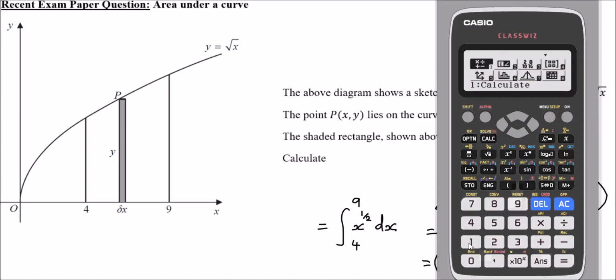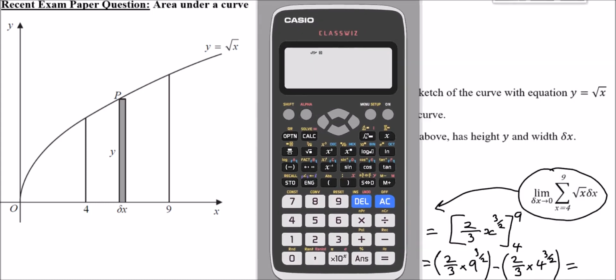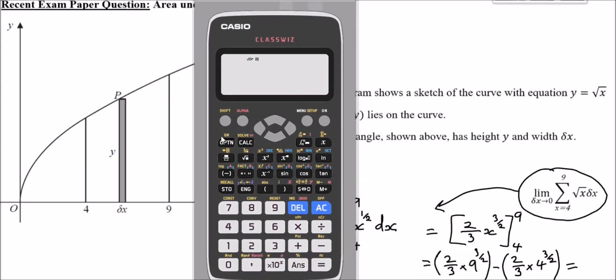So menu 1, move it over. We've got, first of all, 2/3 multiplied by 9 to the power 3 over 2, close bracket. We're going to subtract, oh no, not that bracket, move along, that's it.